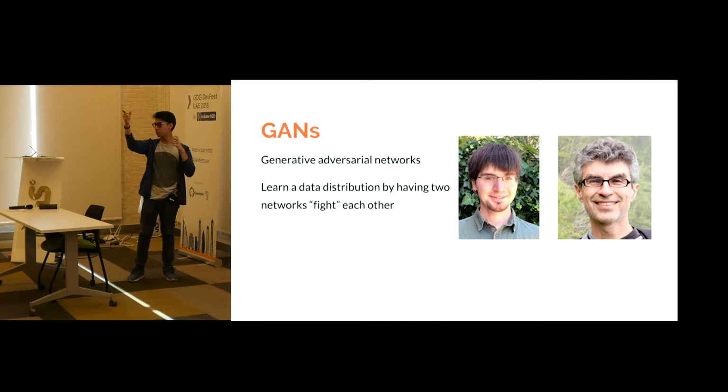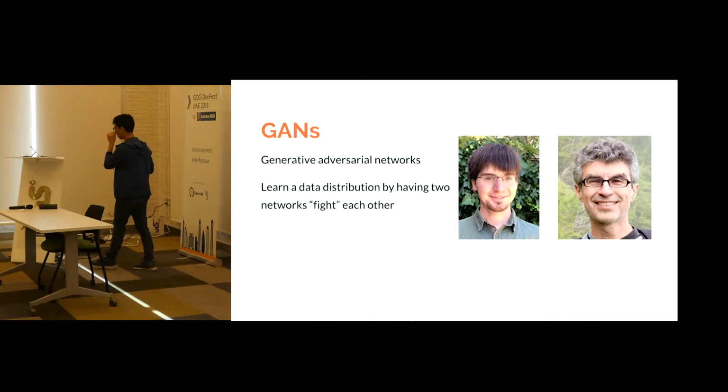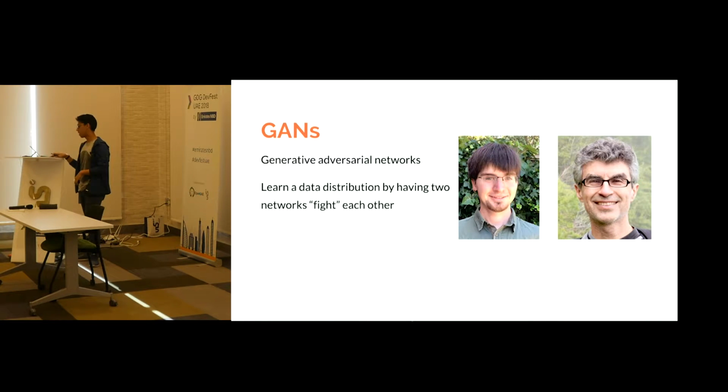Because we have these police guys and these kiddies, they fight against each other, creating more and more fakes and being more and more adept at telling apart fakes. So in the end, you have this model that can generate things by having two networks fight each other, which is, I think, quite an interesting idea to behold in itself.